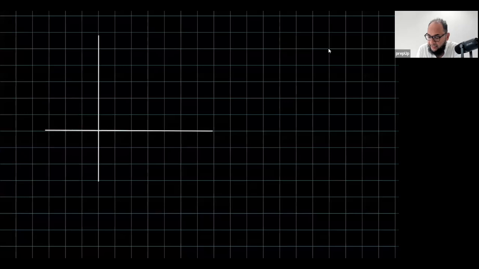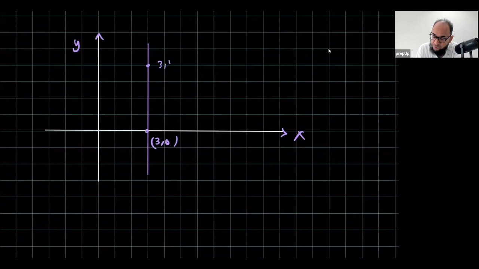Similarly, if I again draw a line in white, that is the y-axis, that is the x-axis, and I'm drawing a purple line that is parallel to the y-axis. So let me mark some points over here. This point is, let's say, (3, 0), and this is (3, 4).